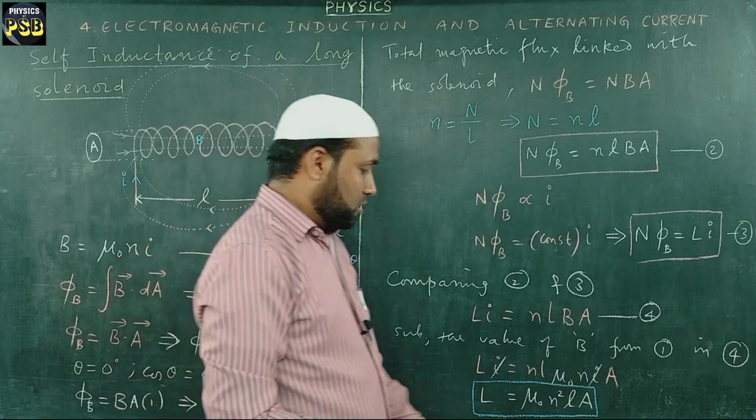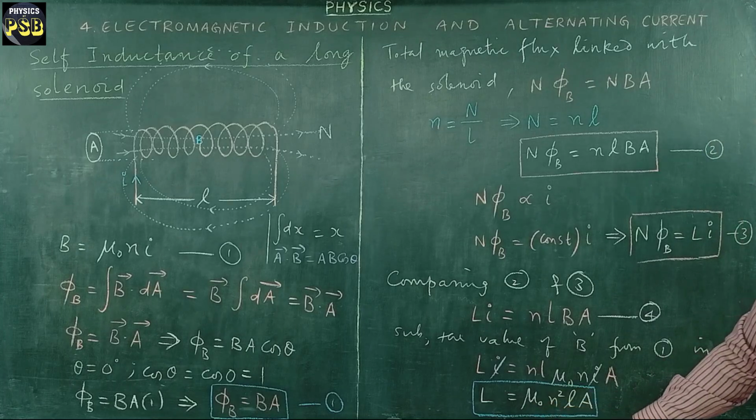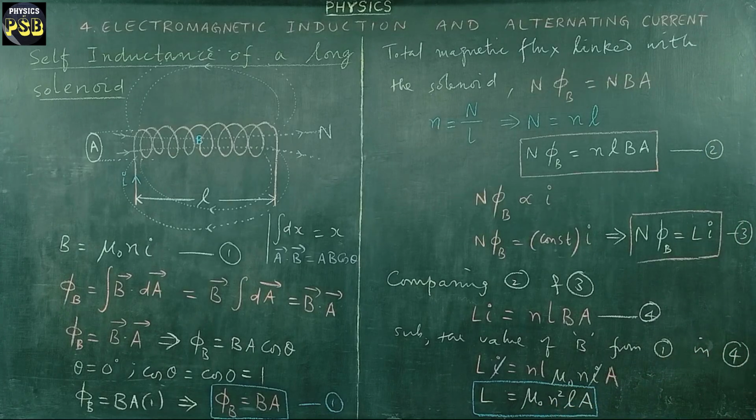Okay, now suppose this solenoid is placed in a medium whose permeability is mu, then this can be represented as L equals mu N square L A. Okay, this is boxed.